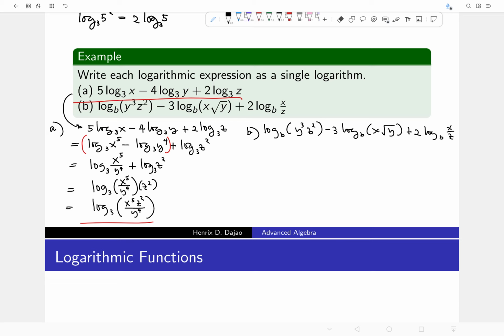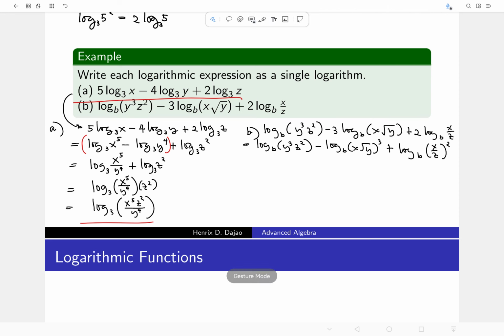So this is equal to raised to 3, applying property 5.7, plus log b of raised to 2. We're applying property 5.7 again.